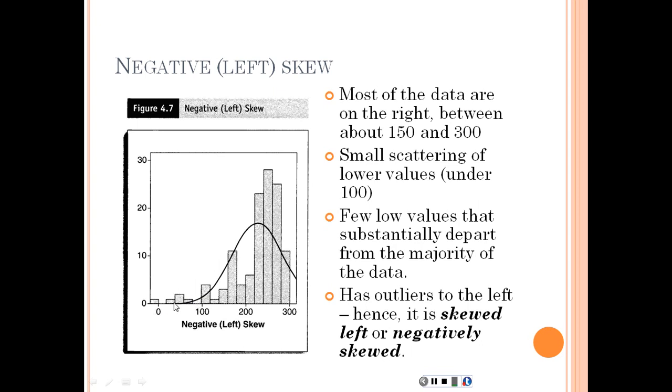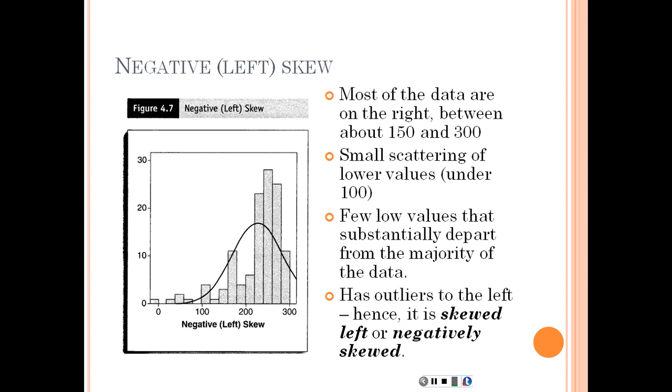And so these are called outliers because they're not with the majority of our data. They're off to the left, all by themselves. So typically once you graph your data, outliers can easily be seen. So notice here, you easily notice these outliers.